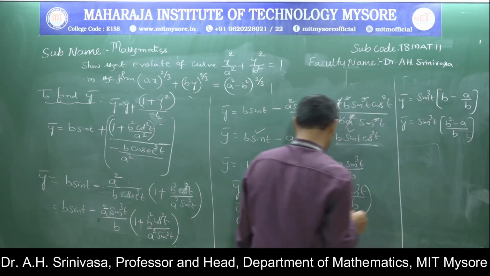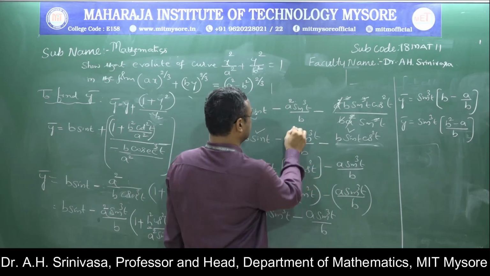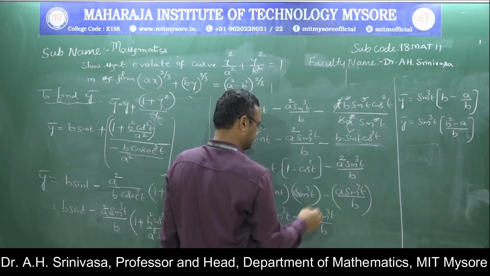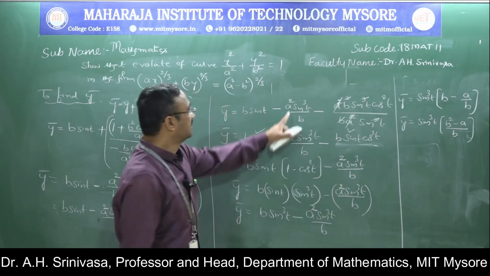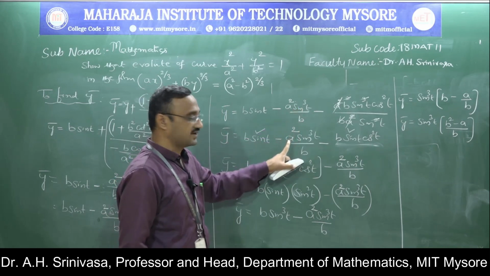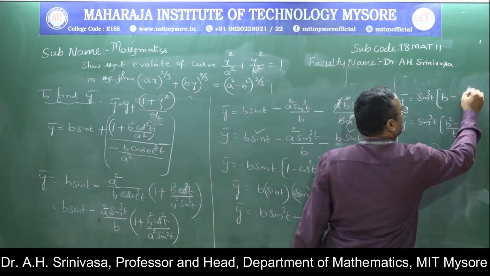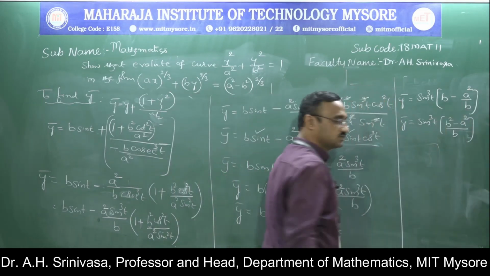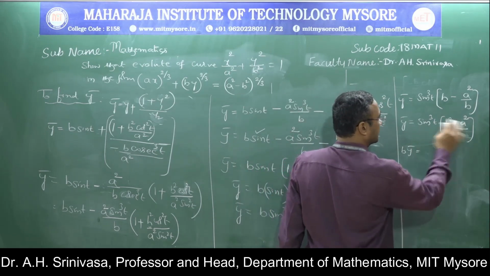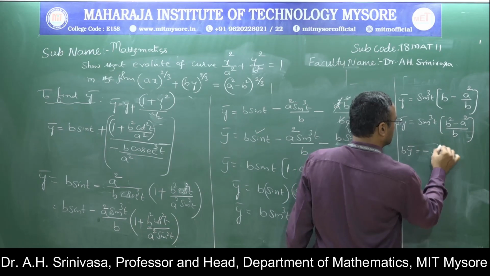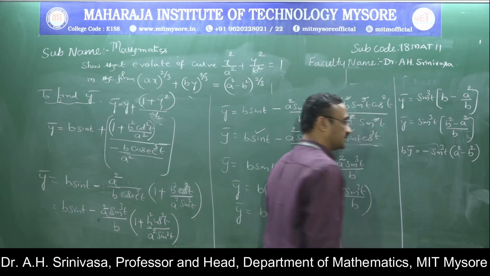I think this should be an a square, to write down here. This is an a square, not an a, because a square sin cube t by b is there. Now write down a square sin cube t by b like this. Make a cross multiplication: b into y bar, taking the negative as a common factor, becomes sin cube t into a square minus b square.